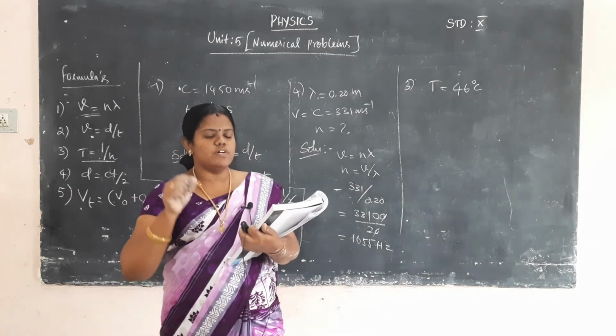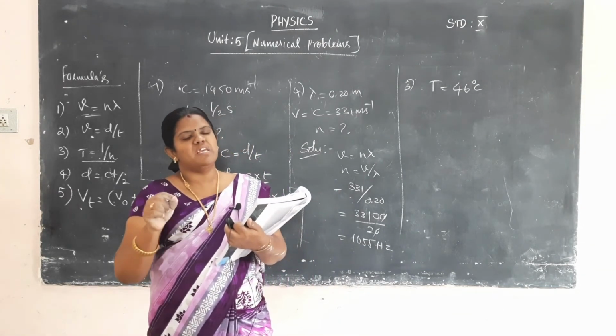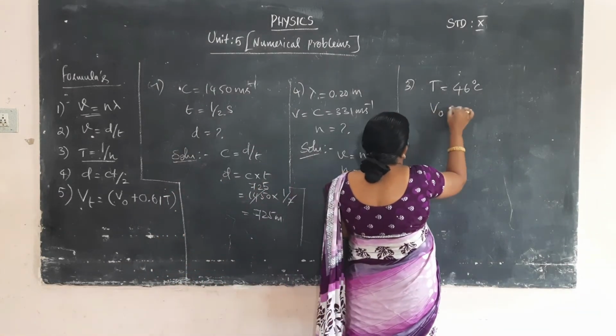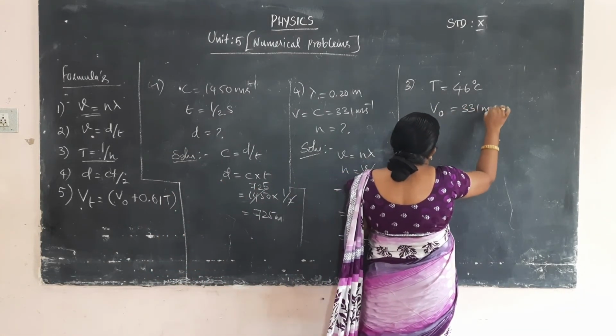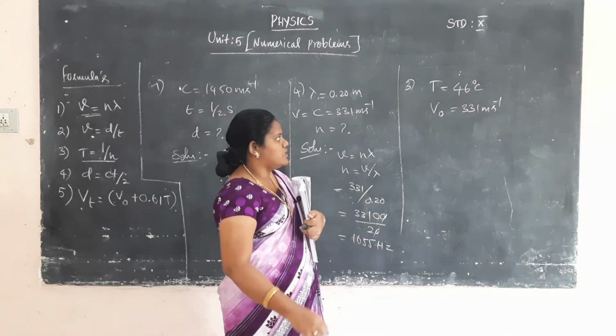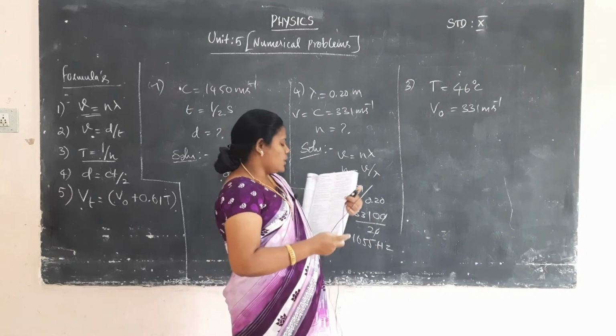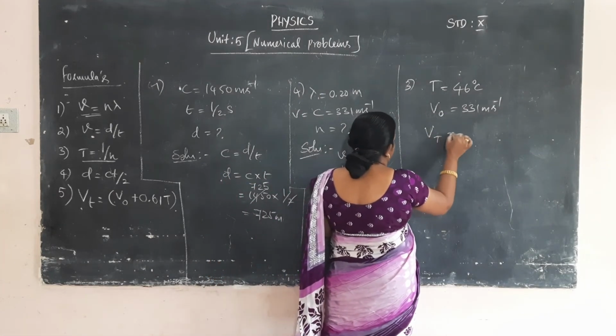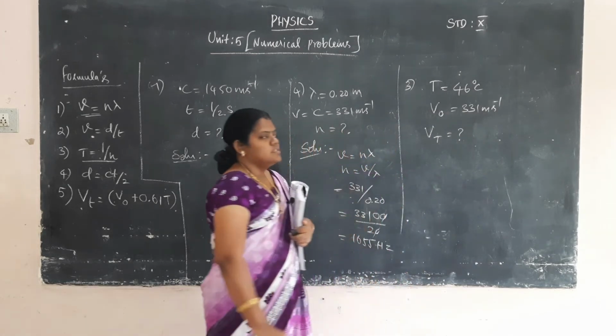First, you should know the speed of the sound. The speed of the sound in air V0 is equal to 331 meter per second. Now we want to calculate the velocity of the sound at a particular temperature, in the Rajasthan desert.